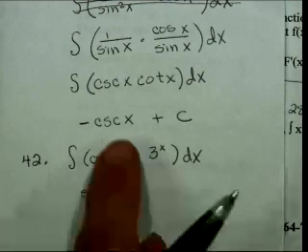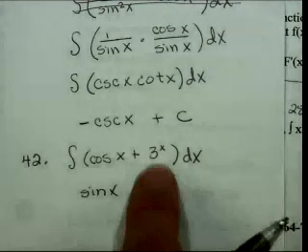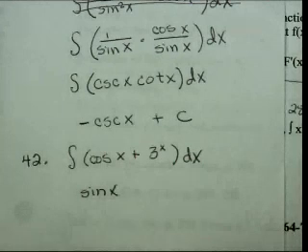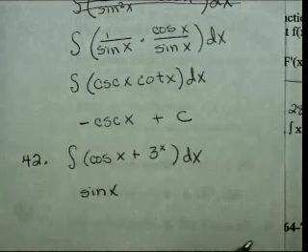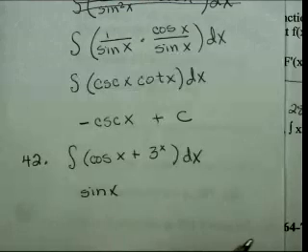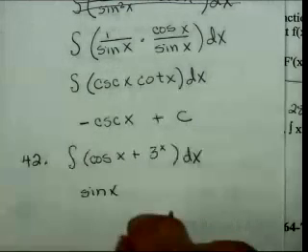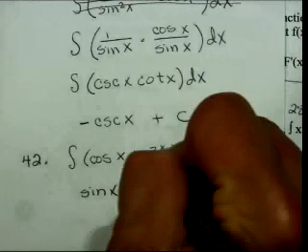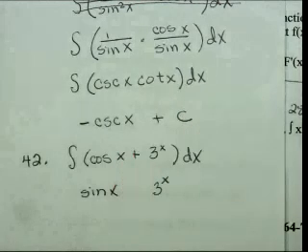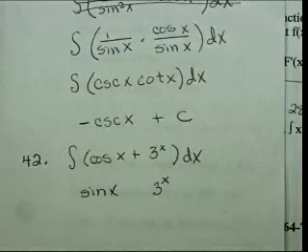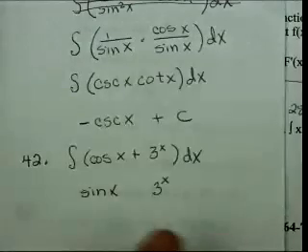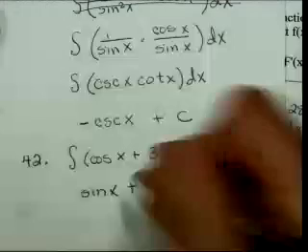What function has as its derivative 3 to the x? It would definitely have to have a 3 to the x, but if I think that that's all there is to the answer, let me think how I would check it.